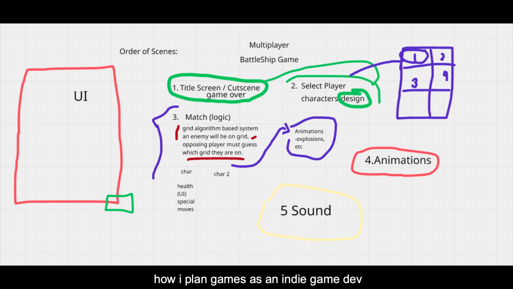So that's my approach to logic: try to put all the logic in one place and try not to overcomplicate it, because you could go down the feature rabbit hole where everything needs to be fleshed out 100%. This is a demo. Let's get this as simple as possible so that we can get it to the play testing stage.